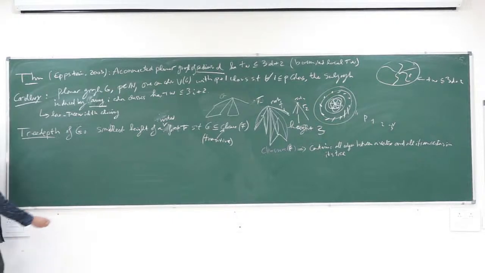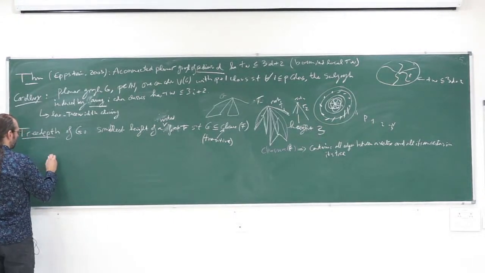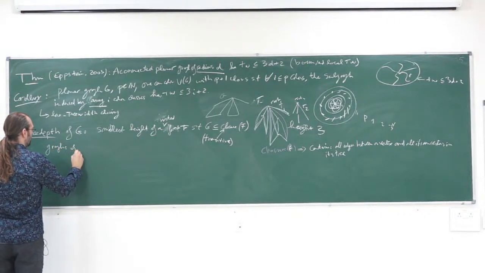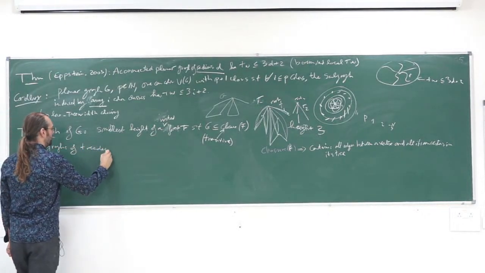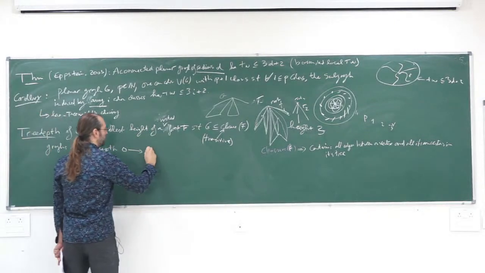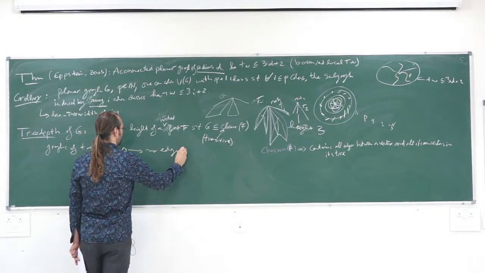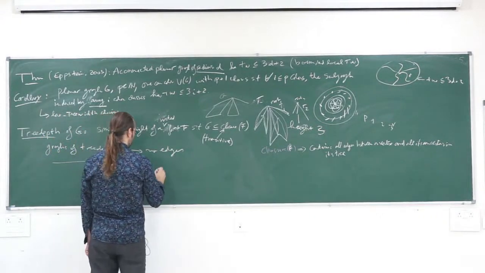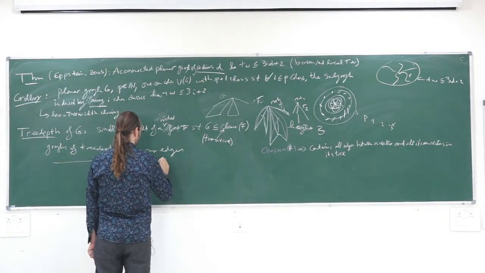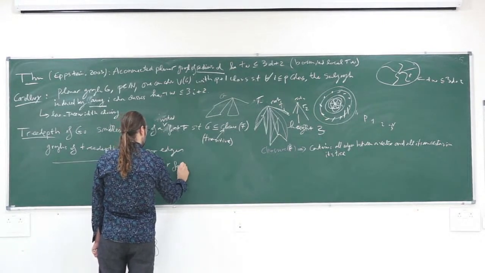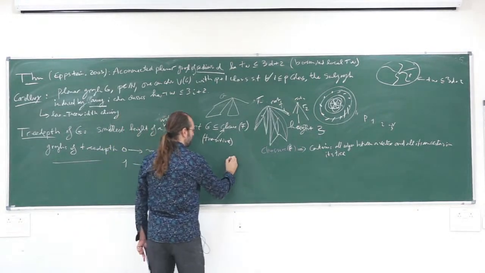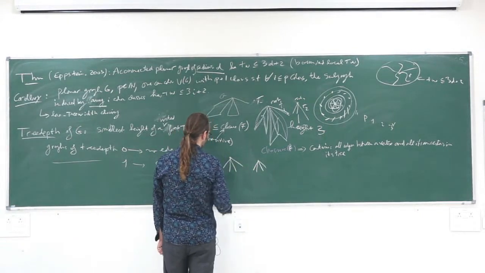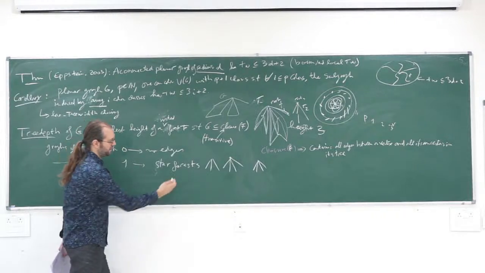Okay, so for example, a graph of tree depth 0 has no edges. Graphs of tree depth 1 are basically star forests. Because when you take a graph of tree depth 1, of height 1, it's just a star and there are no additional edges.